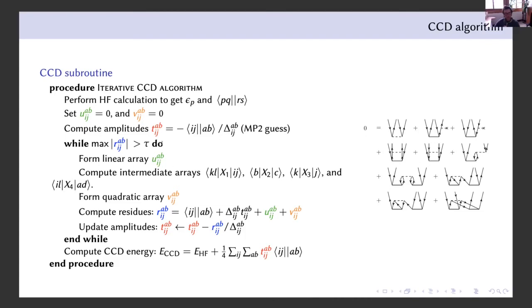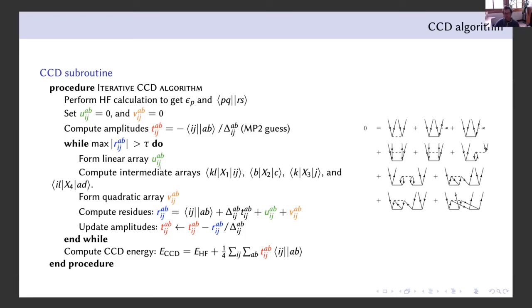And I'm going to iterate while the maximum value of my residuals is greater than a given threshold tau that I'm going to fix, 10 to the minus 4, 10 to the minus 5. I'm going to compute my linear array, which is going to cost me n to the 6. I'm going to compute my intermediate arrays X1, 2, 3, 4, which are going to cost at most n to the 6 again.